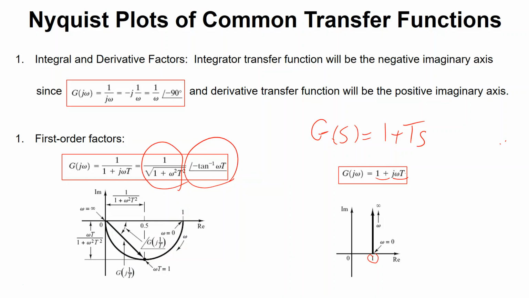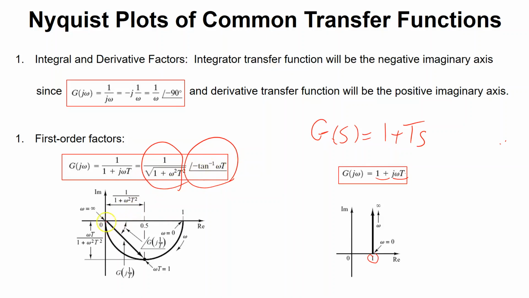So first, why are these the two endpoints? If you plug in omega of 0, what happens? Magnitude is 1, clearly, and angle is going to be 0, so you're going to converge here. And when omega goes to infinity, the magnitude goes to 0, and the angle is negative tangent inverse of infinity, which is negative pi over 2, right?